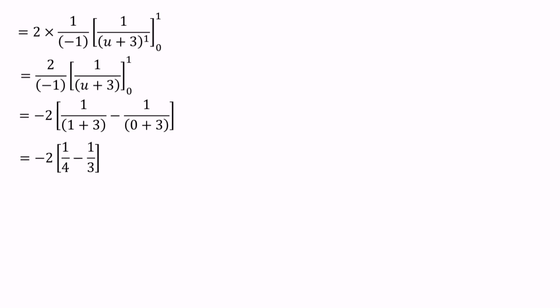Then we can get a common denominator 12. Numerator value 3 minus 4. 3 minus 4 equals minus 1. After that we can cancel out numerator value 2 and the denominator value 12. Minus 1 into minus 1 plus 1. So we can get the final answer as 1 over 6.